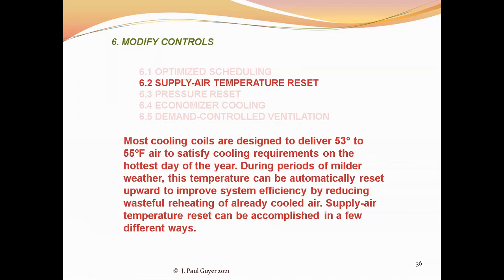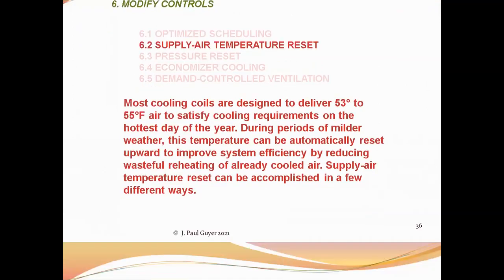But during the periods of milder weather, this temperature can be automatically reset upward to improve system efficiency by reducing wasteful reheating of already cooled air. So supply air temperature reset can be accomplished in different ways.